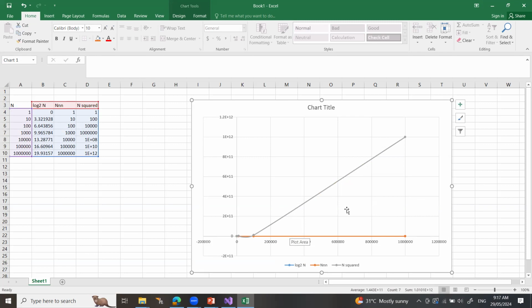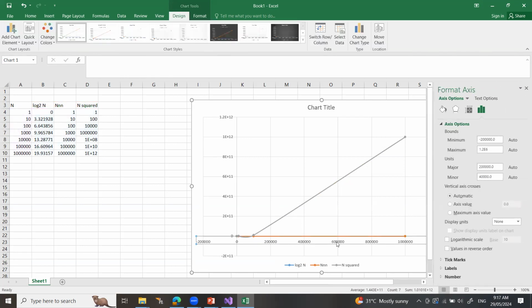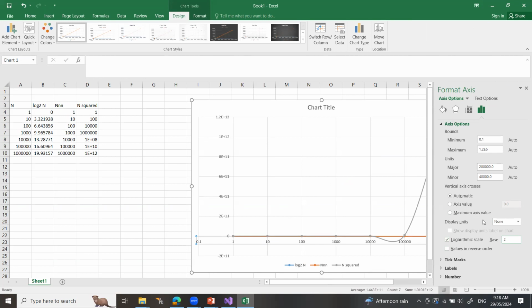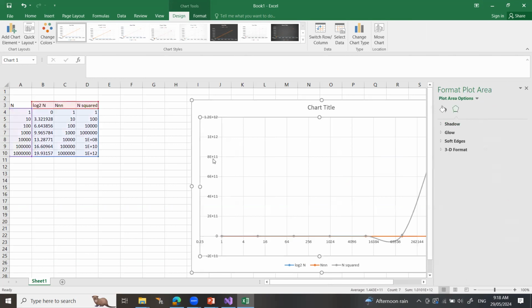So what I'm going to do is click here on the bottom and meddle with the axes. On the axes, I will change the axis to be on logarithmic scale, and let's do it for both axes.